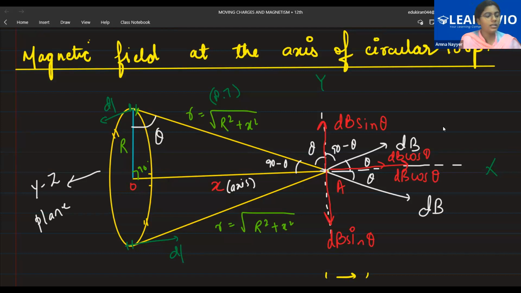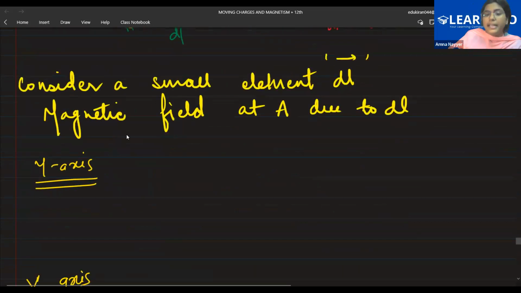Similarly, all the other dB sin thetas formed due to the diametrically opposite ends will also be cancelled. So all the dB sin thetas will be cancelled and all the dB cos thetas will be pointing towards one end. That is what is necessary, and this was all major which you should know. Now it is just simple formula writing, derivation writing, which you will be able to do. You should know what should be the next step.